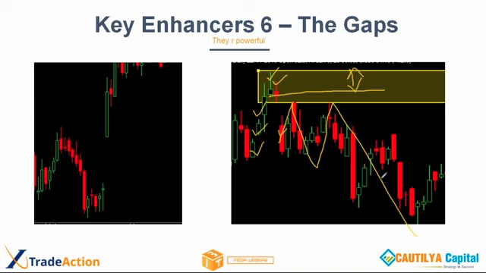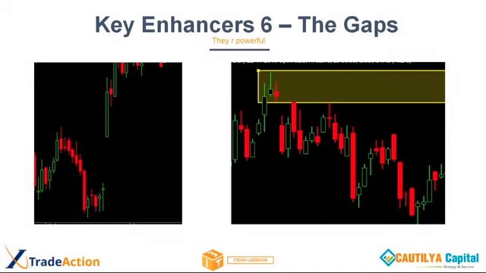So gaps before we enter the zones are pretty nice. In case of a gap, the stop loss will be more? No. Why will the stop loss be more in case of a gap?